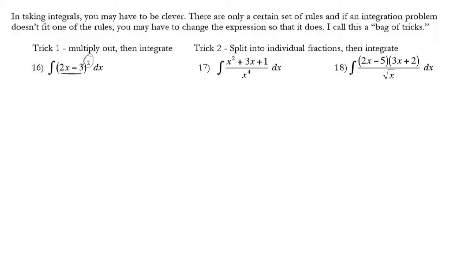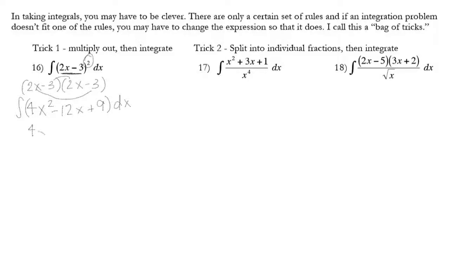But what we might could do in order to rewrite this is say 2x minus 3 times 2x minus 3 and do some fooling here. And so we're going to get 4x squared. Now don't forget your middle term. You're going to have negative 6x minus 6x, so minus 12x plus 9. And now we can go through and we can integrate all of this, and then we can go through and find that final answer.